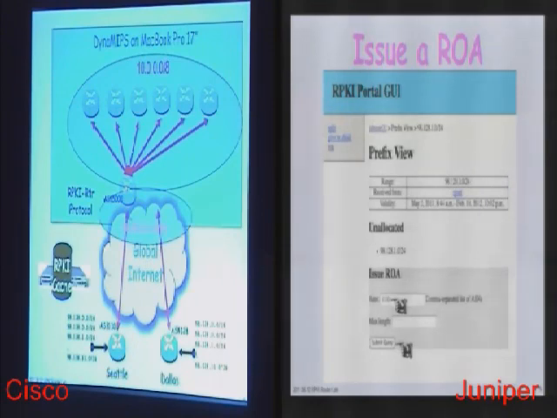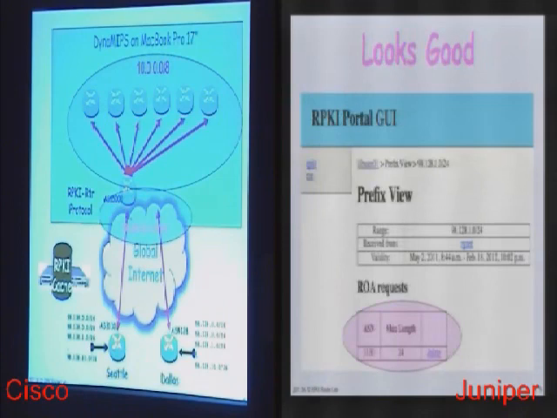And then you don't have to put in a max length. The discussion of whether to put in max lengths or not is interesting, and we can have it sometime. And then you hit the submit query button, and you should see something wonderful like this. And you have now issued a ROA.